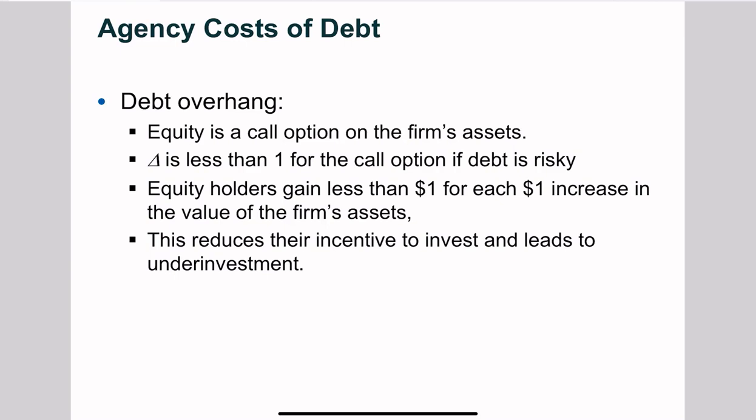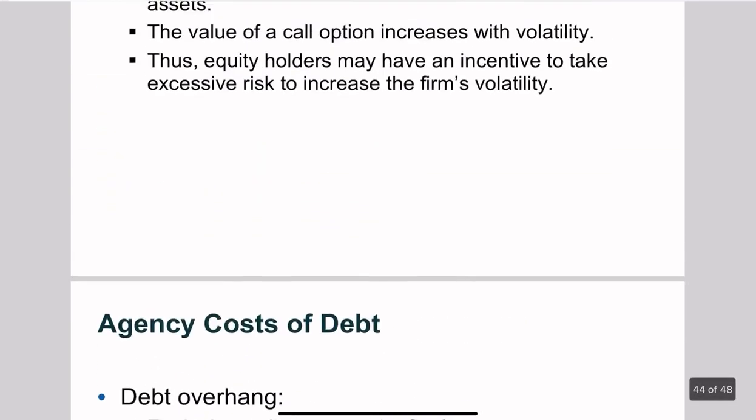So they will not offer investments for these positive NPV projects, which means these positive NPV projects will get wasted. So this will not be helpful to the firm or to debt holders.